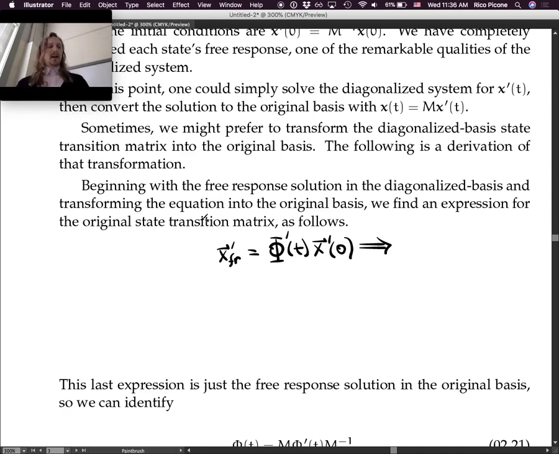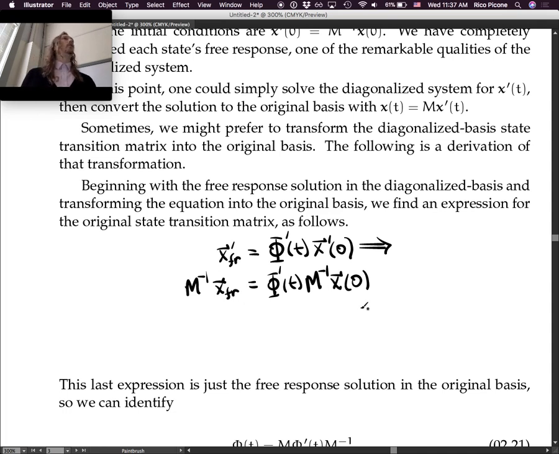So we use the fact that x prime is equal to m inverse x, times m inverse x of 0. So what we've done here is we turned the primed x's into regular x's, right?